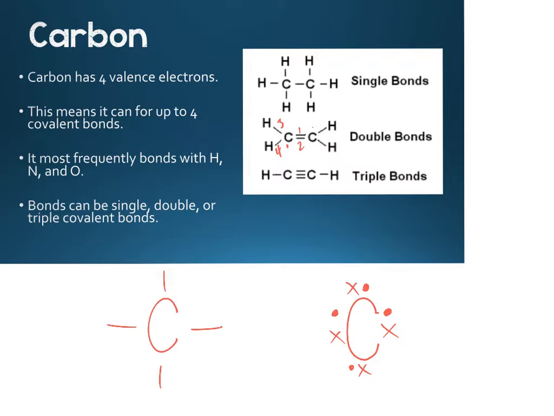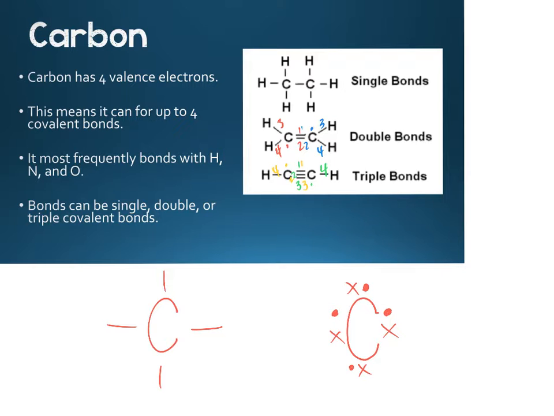If we look at this carbon, it also has 1, 2, 3, 4 bonds around it. And then these carbons down here in the triple bonded molecule, if we look at this one, it's got 1, 2, 3, 4 bonds. And then that other carbon there is similar with 1, 2, 3, 4 bonds around it.